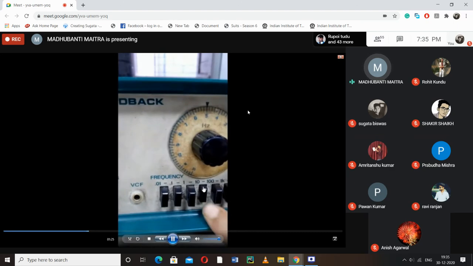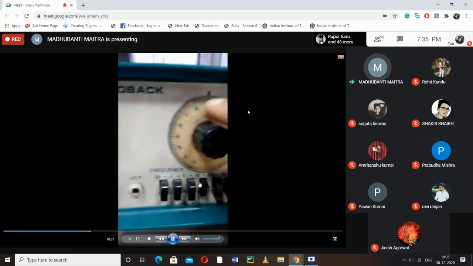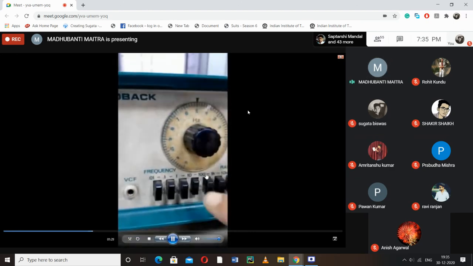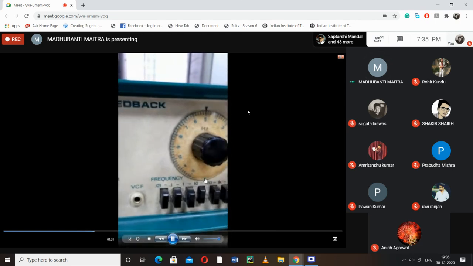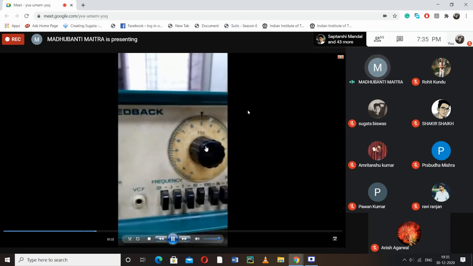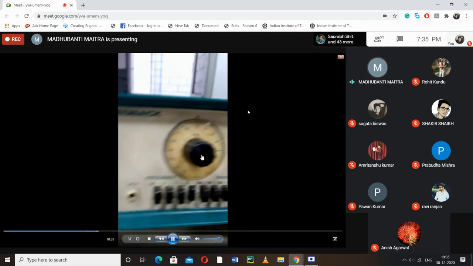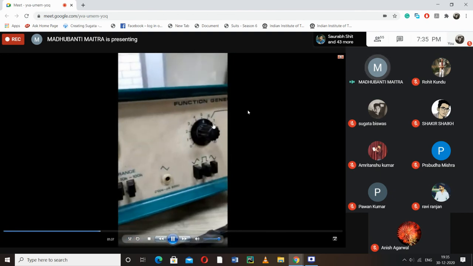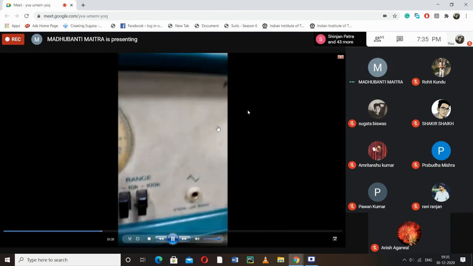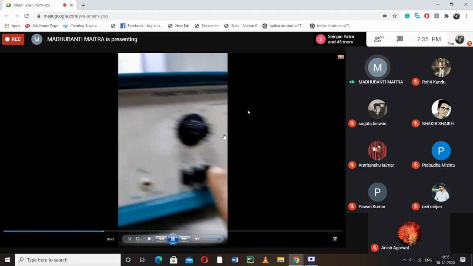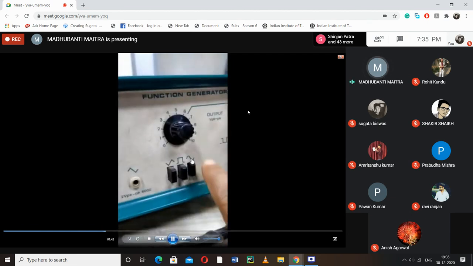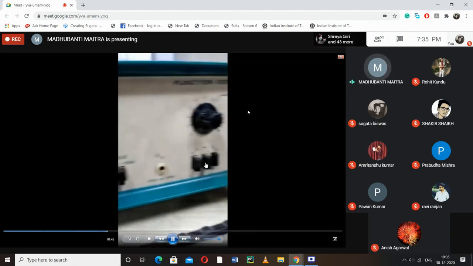So we are pressing this for selecting a particular frequency from 10 to 100 hertz, and then by rotating this knob, you see the 6 volt. With the help of this knob we are selecting, and this is the sinusoidal one, so we'll have to press this one.